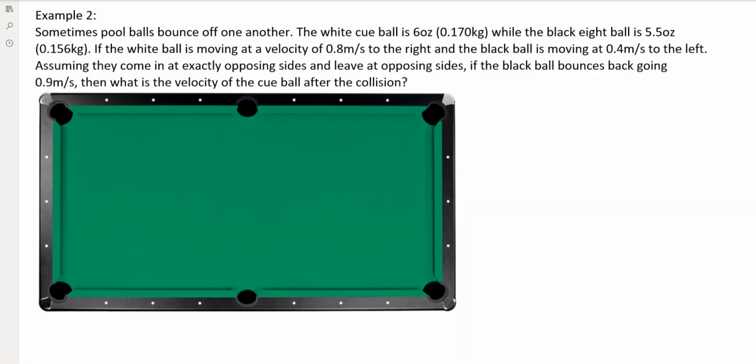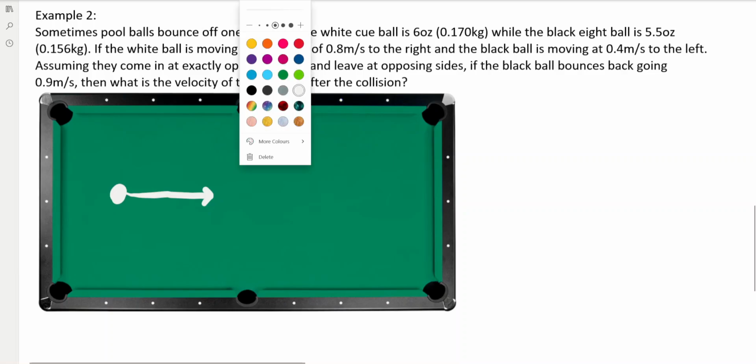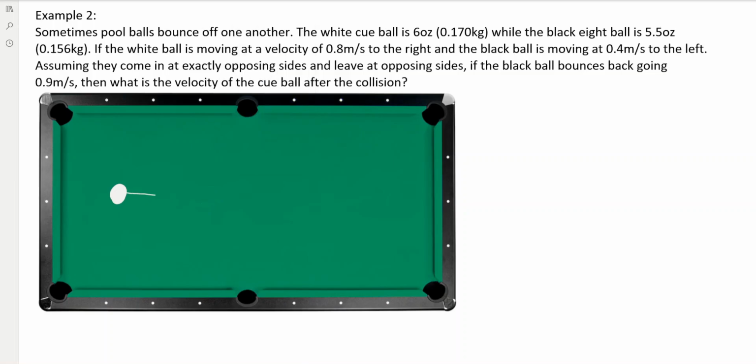If the black ball bounces back going 0.9 meters per second, what is the velocity of the cue ball after the collision? So, the white one's going to the right. Okay, that one's going to the right.